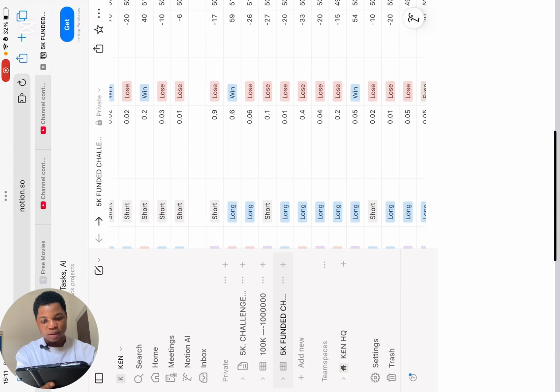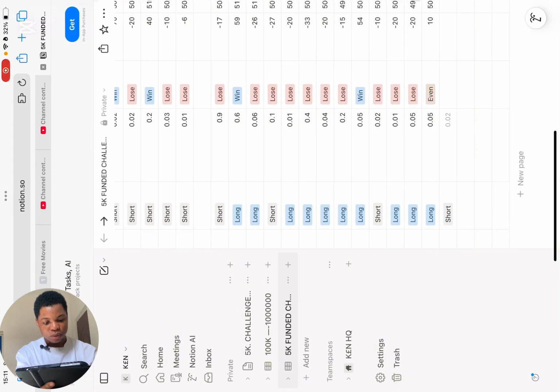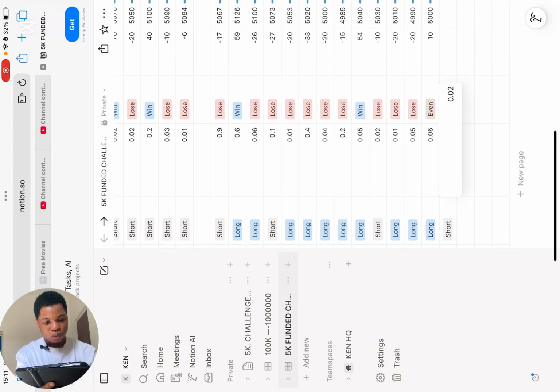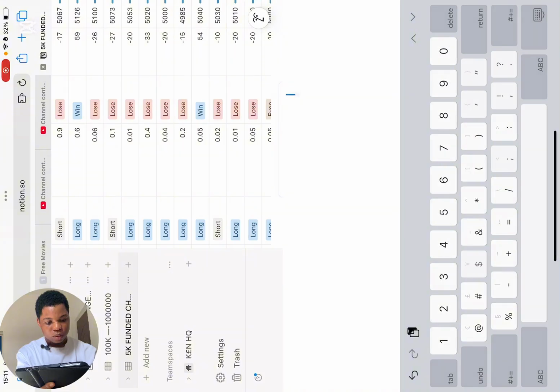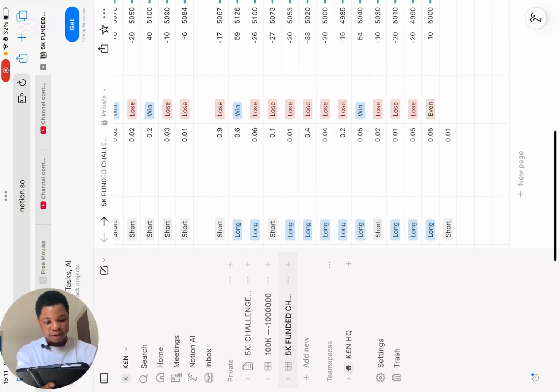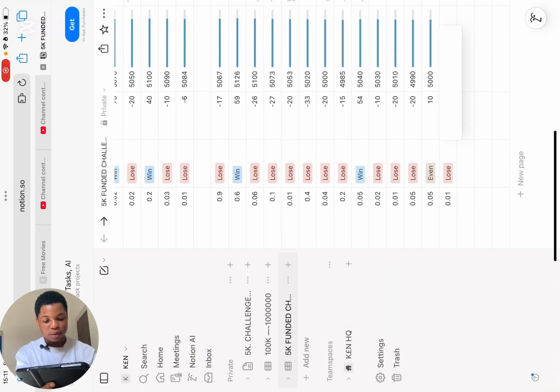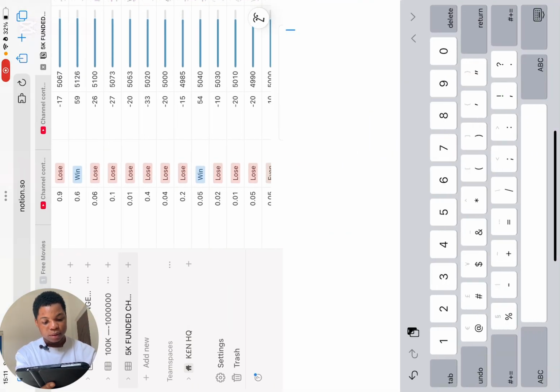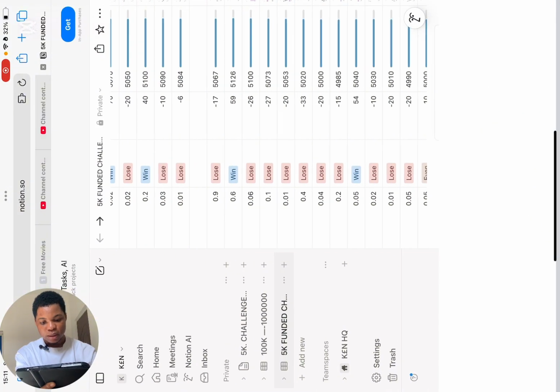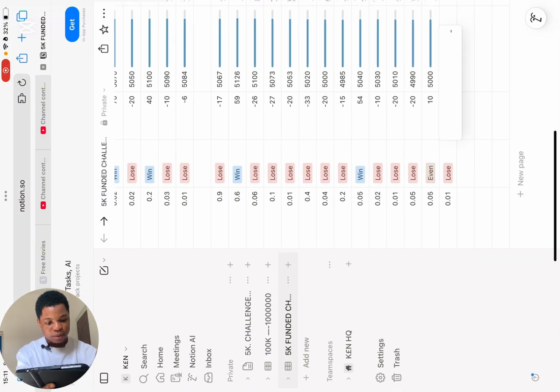I don't understand why this thing is giving me a blank. And we lost about, I think, $20, negative 20. So anytime I want to journal it, it goes blank.